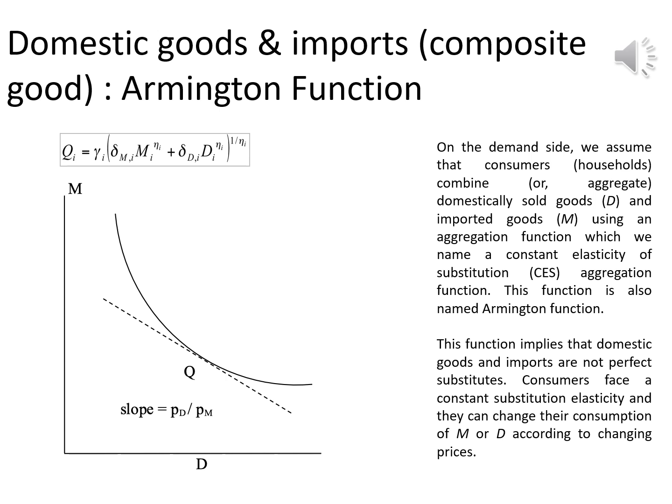So we have a maximization problem here again, and the constraint is going to be the relative prices. Looking at the relative prices, we decide how much M and how much D to choose. So this is our problem for the Armington function.